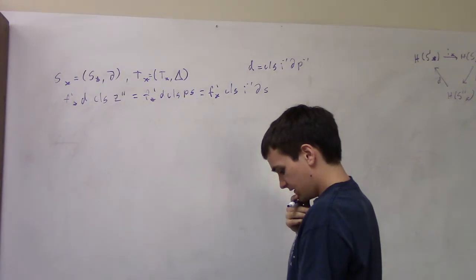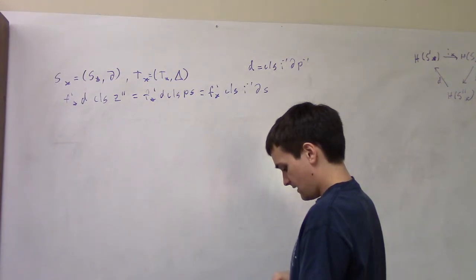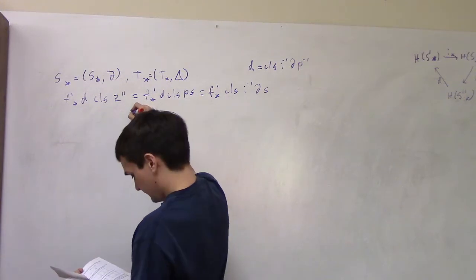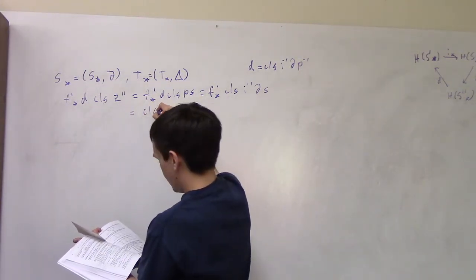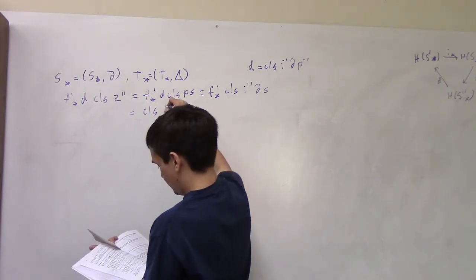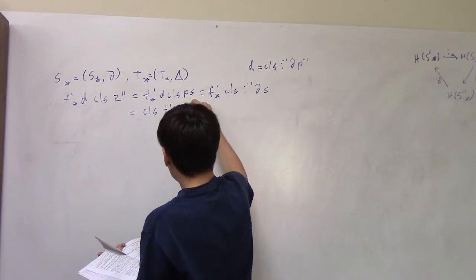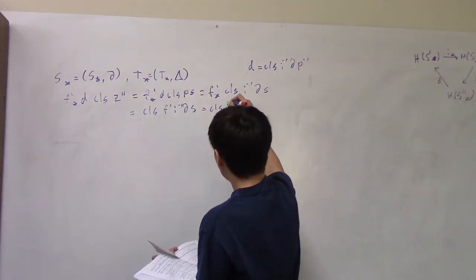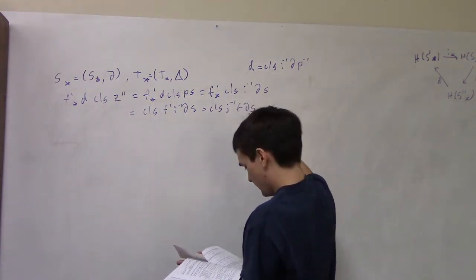So then next step, we just use the fact that j, f prime, and f commute. So then this is equal to the class of f prime i inverse partial s, which is equal to the class of j inverse f partial s.